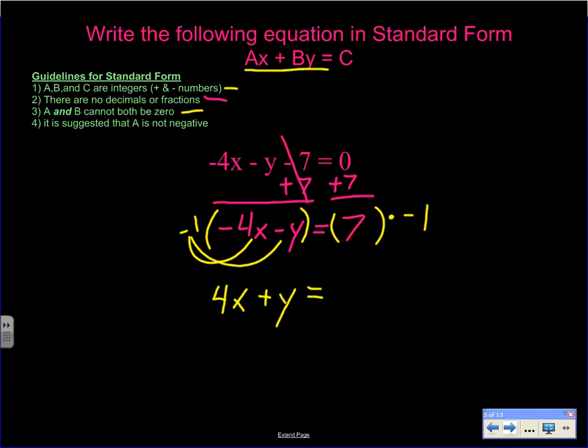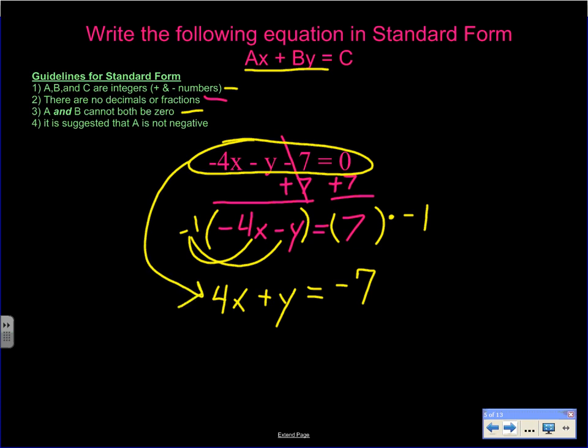And then on the right side, 7 times -1 is -7. So now we have 4x plus y is equal to -7. And the equation that we started out with is now written in standard form.